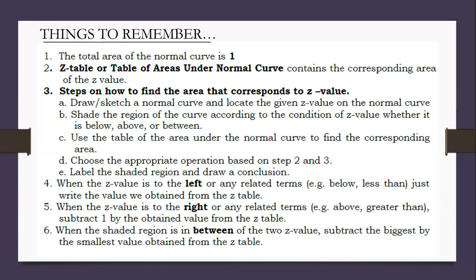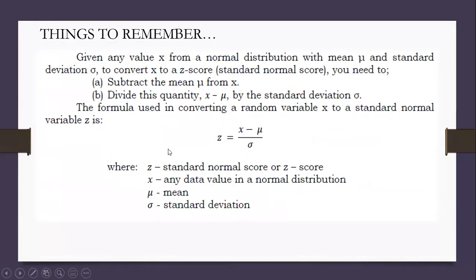If you use the word right, you need to subtract the z table value from 1. And if you use the word between, the smaller must be subtracted from the bigger. Okay. And for the last one, in order to convert a normal distribution, we need to use the z-score formula, where z is equal to x minus mu divided by the standard deviation.